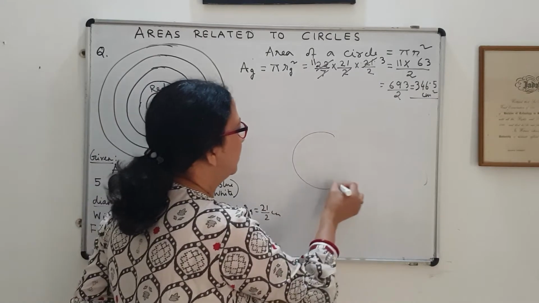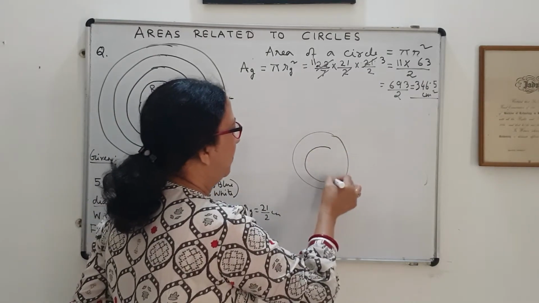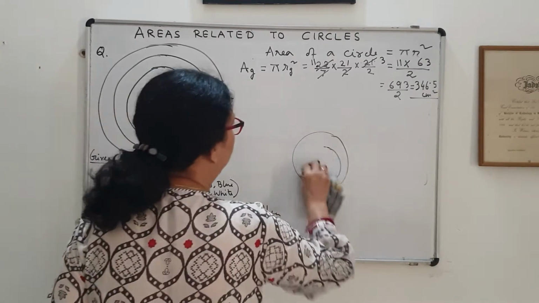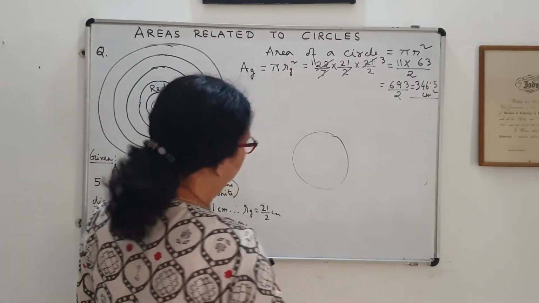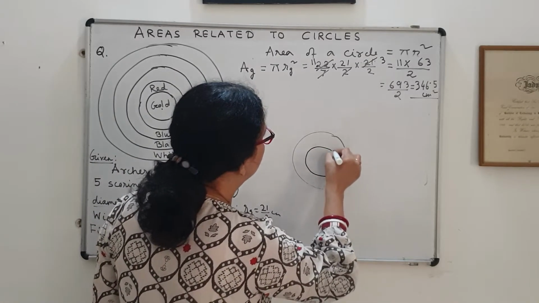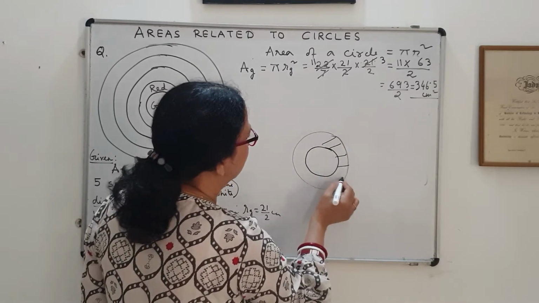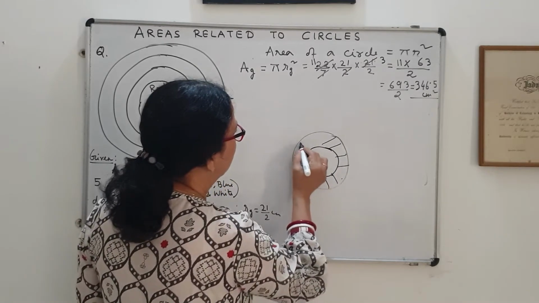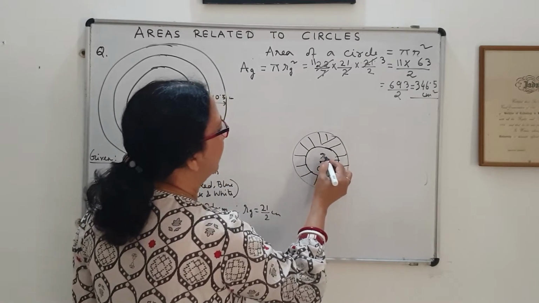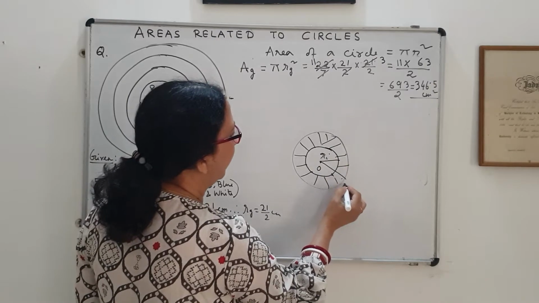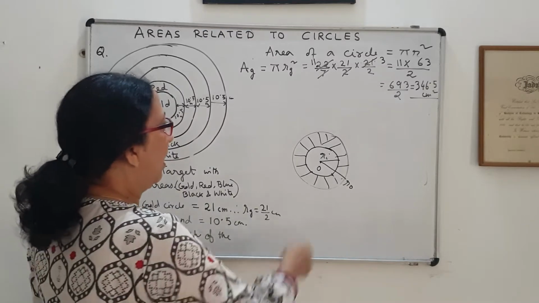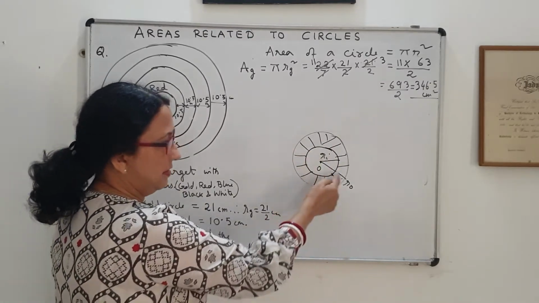So you see, suppose this is the center, and the radius of the inner circle I write Ri, and the radius of the outer circle I write Ro. So obviously the area of the ring will be outer circle area minus inner circle area, that we see.